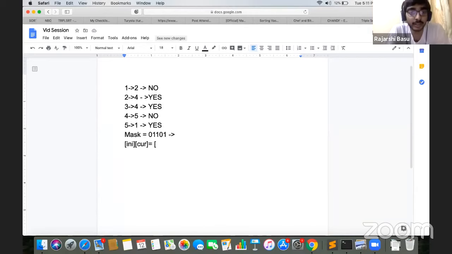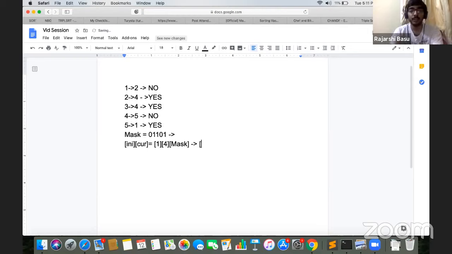So let's say initial was 1, it doesn't really matter. Current was, let's say, 4. What are the last edges that we might have used? To get to 4, we need to have used the edge 2 or the edge 3. So let's say I use the edge 2 first.